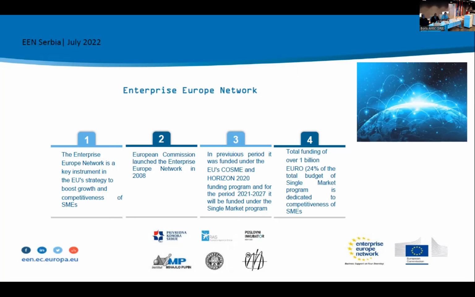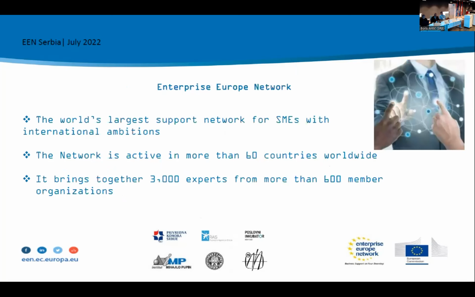The total funding is over 1 billion euros for this single market program, but it has different pillars and components regarding food safety, and 24% of this program is dedicated to competitiveness of the SMEs, where the EEN is also funded from.